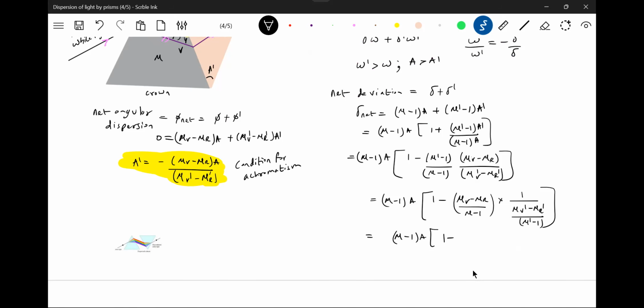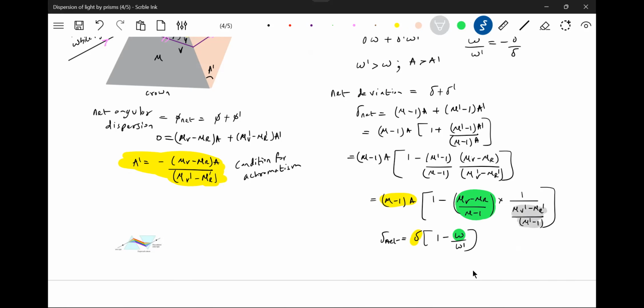What is mu v minus mu r? So this should be the dispersive power. And this quantity will be deviation. The net deviation is given by this particular formula. So here we have replaced these two quantities by omega.